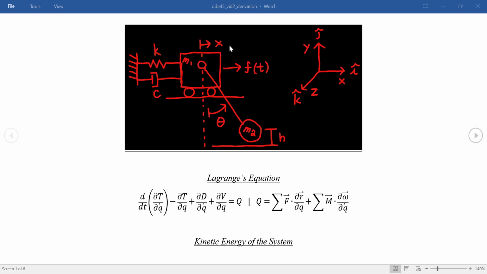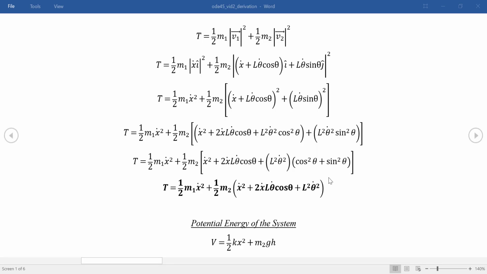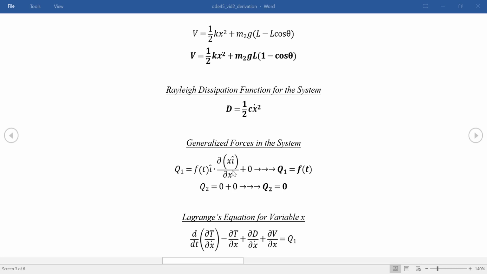The generalized coordinate is obviously x, and the location vector is x times I hat. Really easy. We plug all that stuff in, we do dot products and partial derivatives and all that fun stuff, and we realize that Q1 is just f of t, which would make sense because there's only one force acting on mass 1.